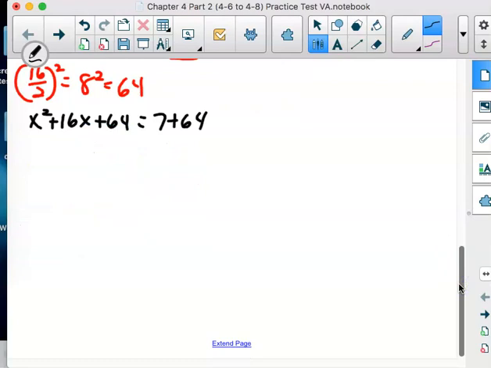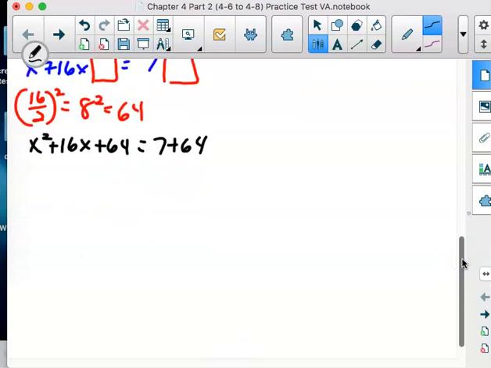All right, well, we know what 7 plus 64 is. We're not really happy with it, but we know what it is. Yeah, 71. Well, I'm not happy about that because it's not a perfect square, but we'll deal with that when the time comes.